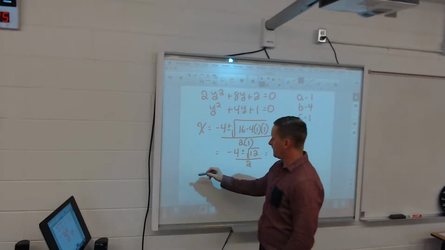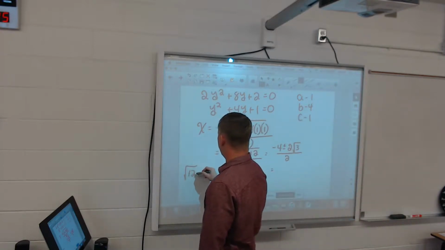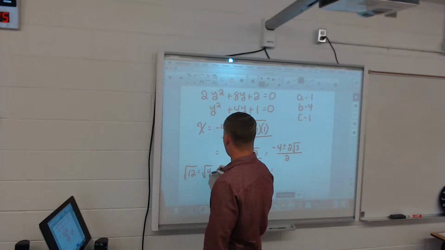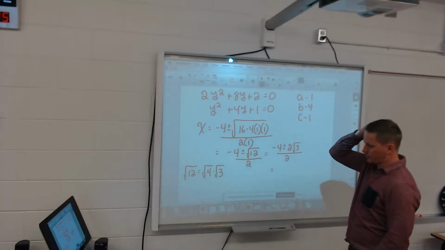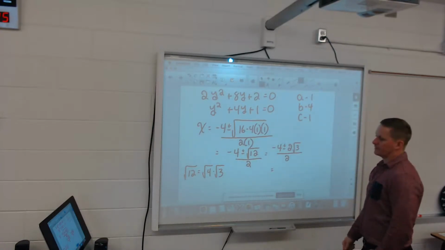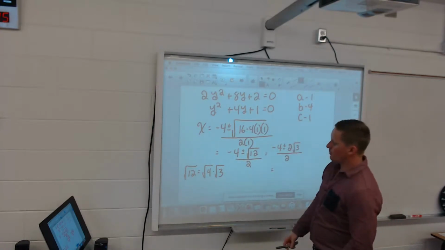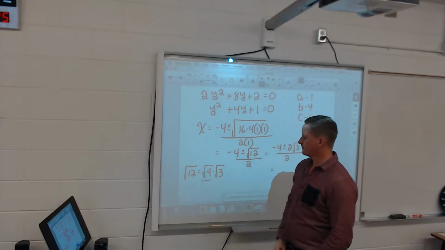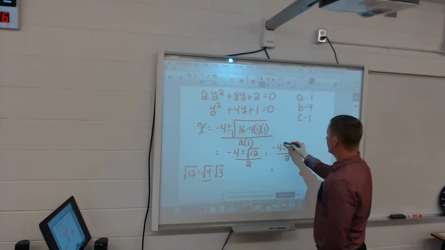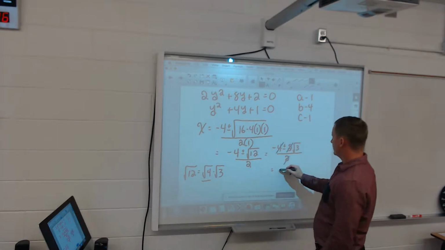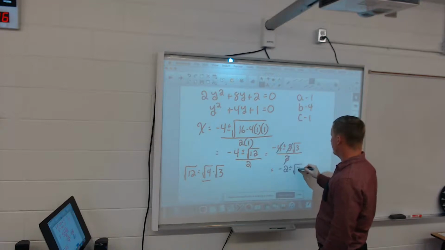The square root of 12 is square root 4 times square root 3. Remember, you try and find a perfect square that goes into 12. So the square root of 4 is 2. So that gives me 2 square root 3. Then what I can do is I can divide this by 2, this by 2, and this by 2. So that gives me an exact value answer of this.